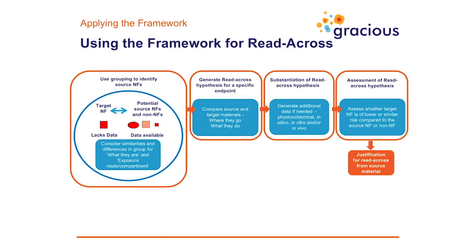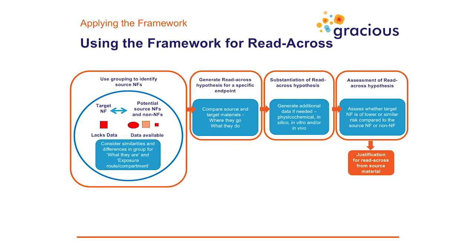The read across within the Gracious framework follows the same pattern or the same logic. You start off with your target nanoform, which lacks data, and you generate a hypothesis for a grouping in which you think that nanoform might fit with source nanoforms providing data that's not available for the target nanoform.